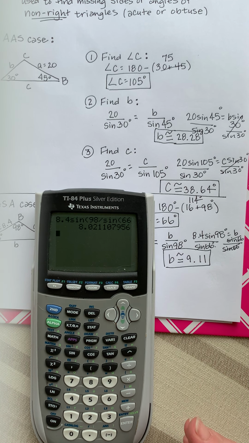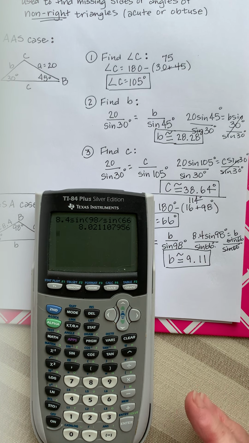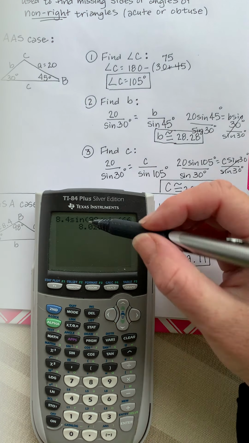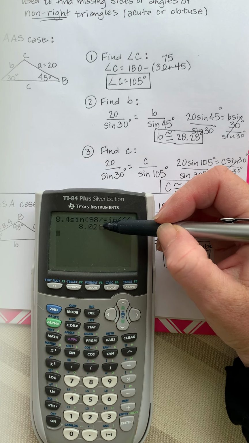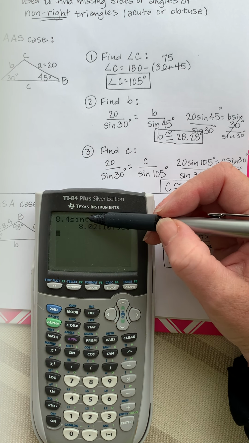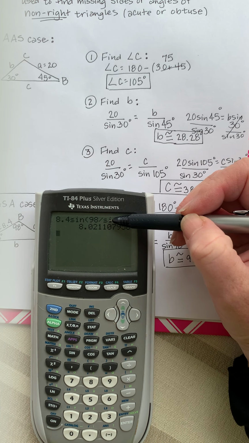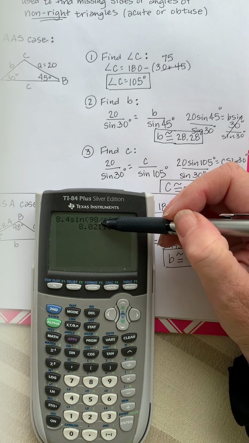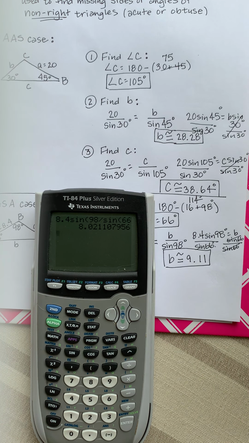Okay, you're not going to get the same answer, not even close. We got 8.02 compared to 9.11. And the reason for that is when you didn't end this parenthesis, you didn't just divide by the sine of 98, you divided by the sine of 98 divided by the sine of 66. So you want to be really careful that you either end that parenthesis or hit enter.